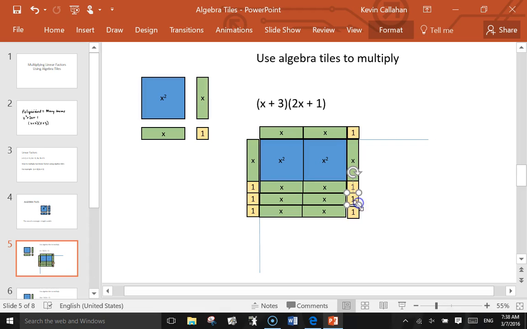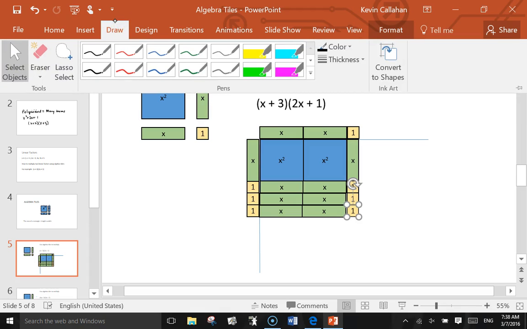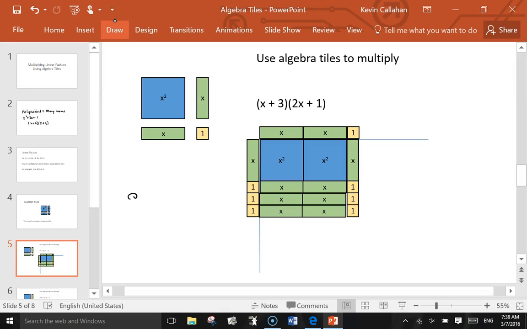So I just filled in using my algebra tiles. Now I'm going to add up the tiles that I used. I hope this works. It does. Okay, so let's see. I've got 2x squareds, right? Count them. 1, 2, that's 2x squareds.